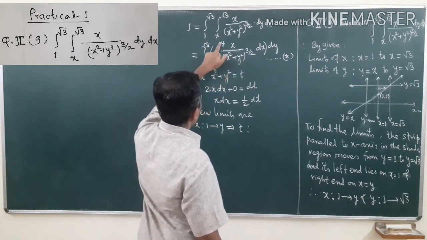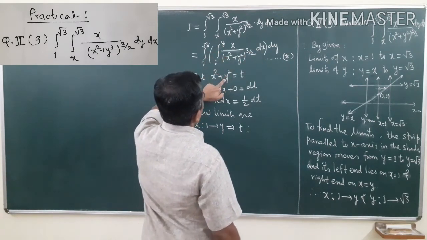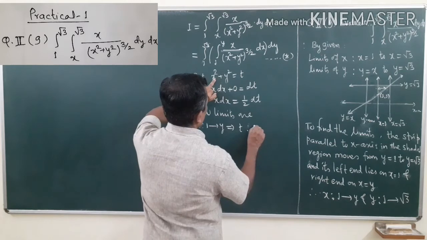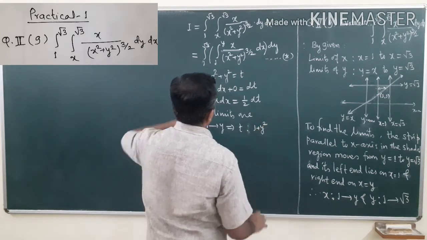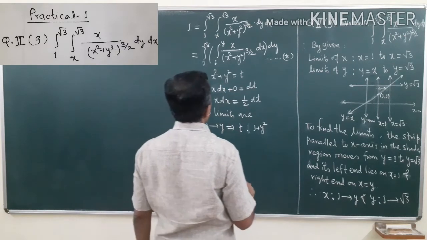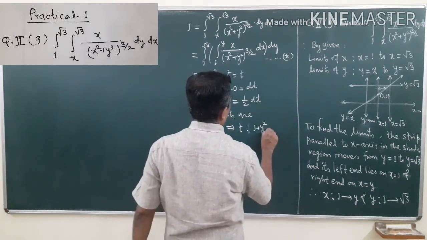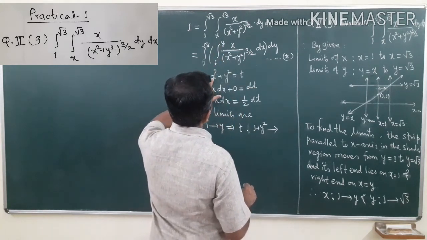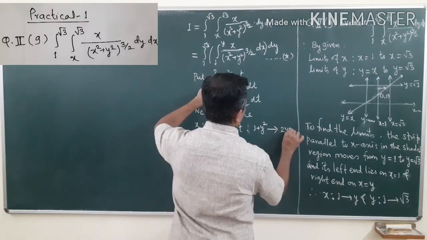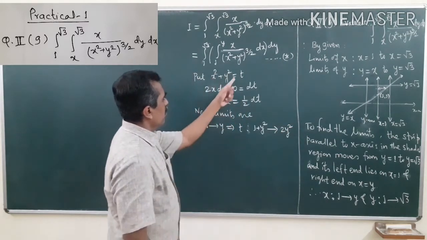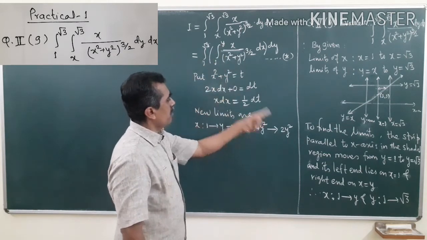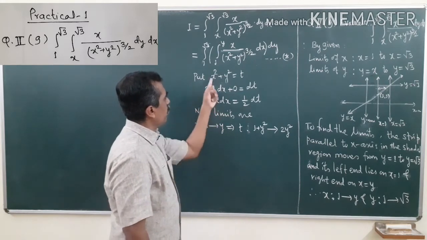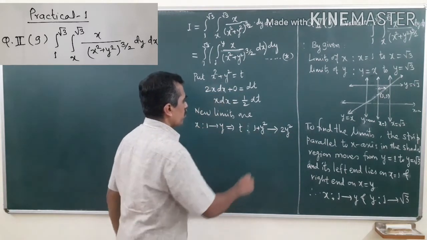So put x equal to 1, then t will be 1 plus y square. Now put x as y, so t is y square plus y square, that is 2y square. Is it clear? So these are the limits of t.